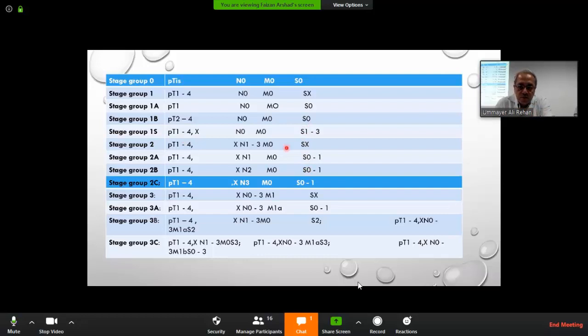So if you do this staging exercise before you have done surgery, then this P will be replaced by C. So you have staged your tumor on CT scan, and you have done your serum markers. Then it becomes cT1 to 4, N, M, SX, right? But if you have included the biopsy, then it becomes pT1 to 4, N, M, SX or whatever. Yes, sir.